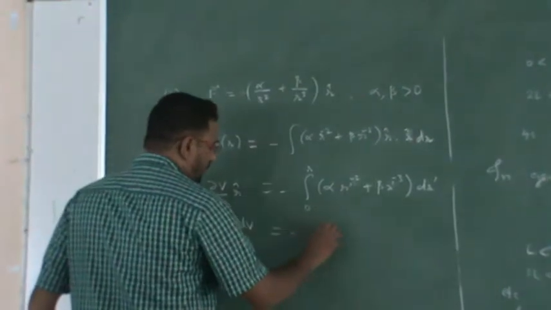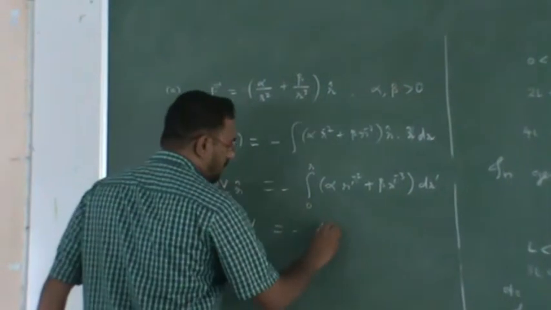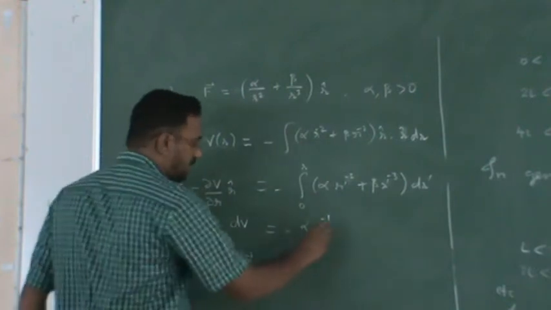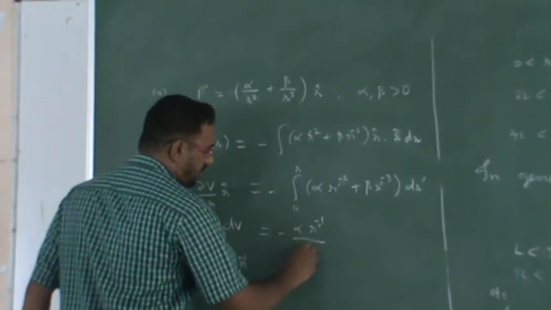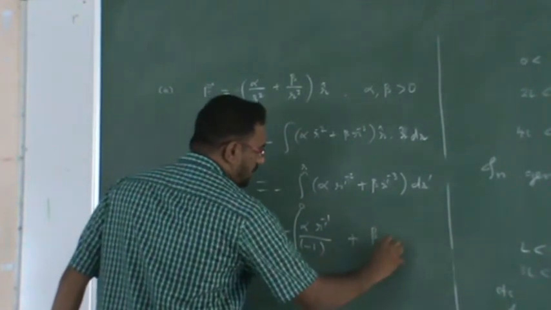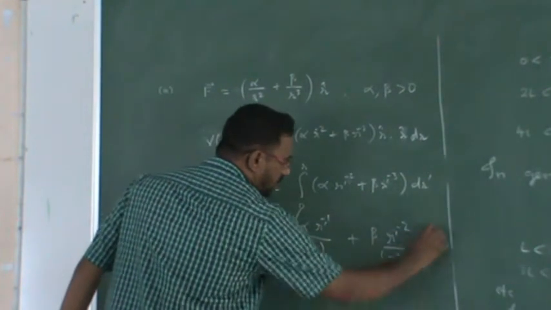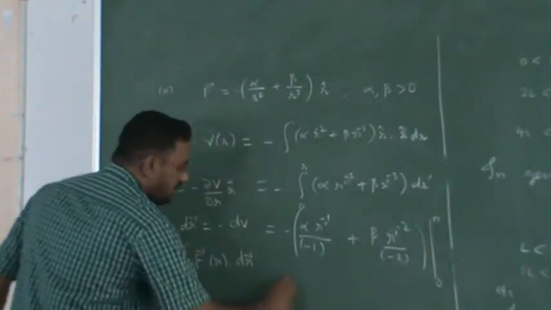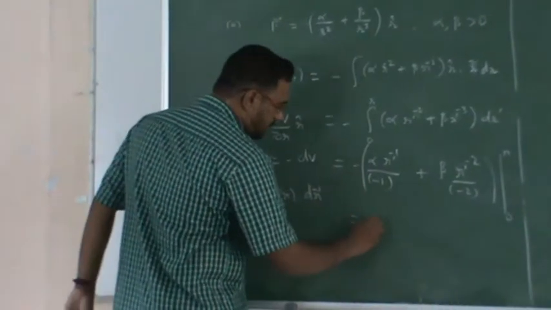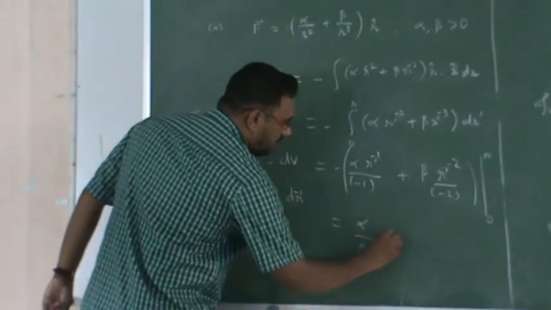It is alpha r power minus 1 by minus 1, then beta r power minus 2 by minus 2, with limit 0. Both these terms have a negative sign, so there is a negative sign outside. If you substitute the limit, you will get alpha by r plus beta by r.